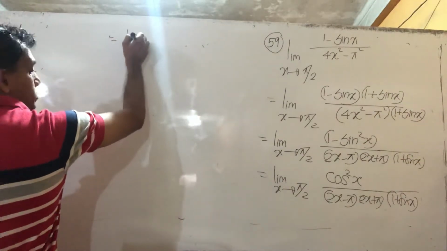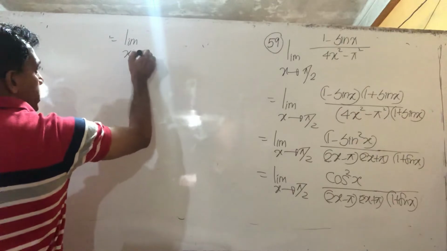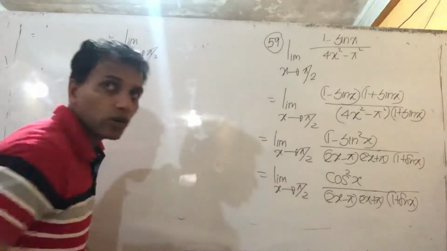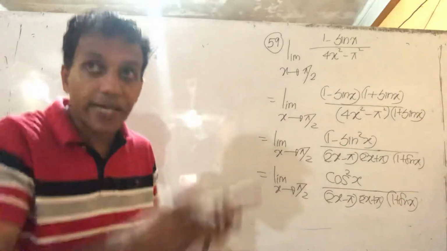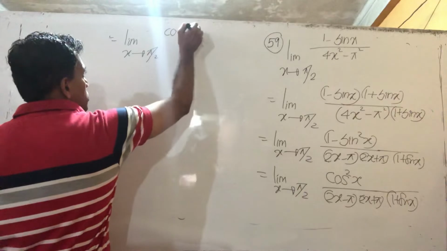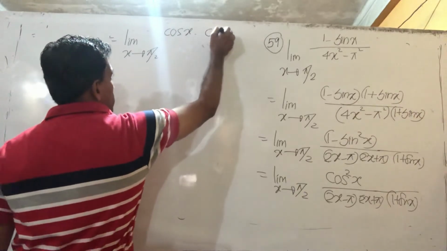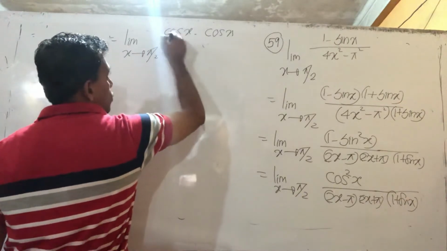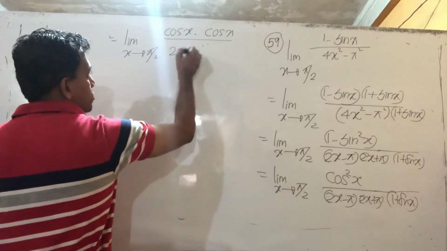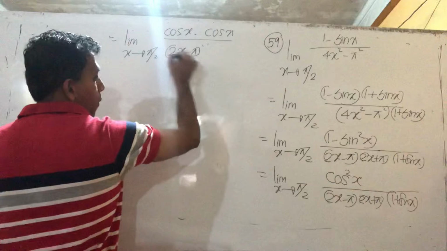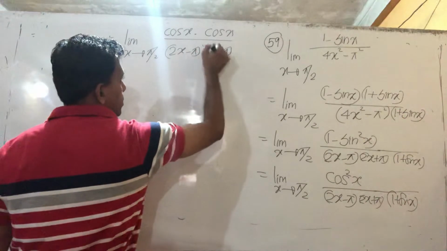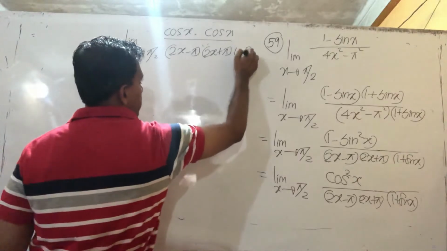Limit x approaches pi by 2. Can I write cos square x as cos x into cos x, over (2x minus pi)(2x plus pi)(1 plus sine x), right?